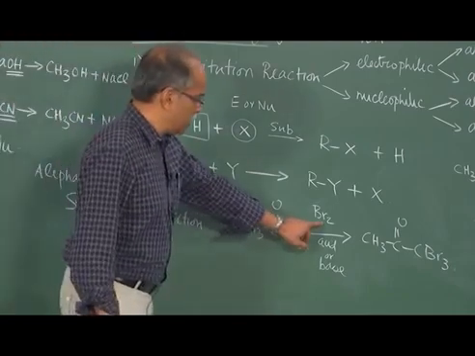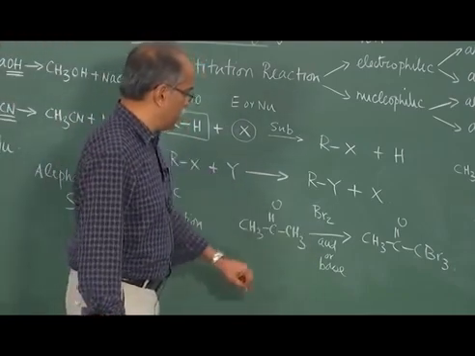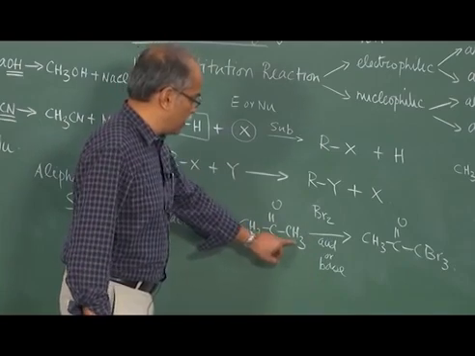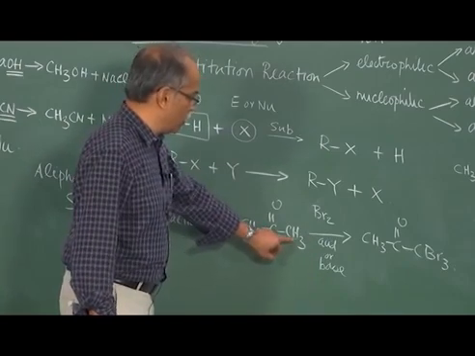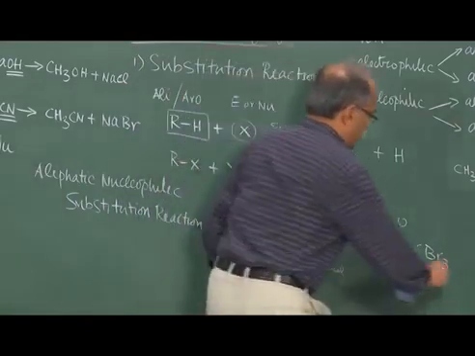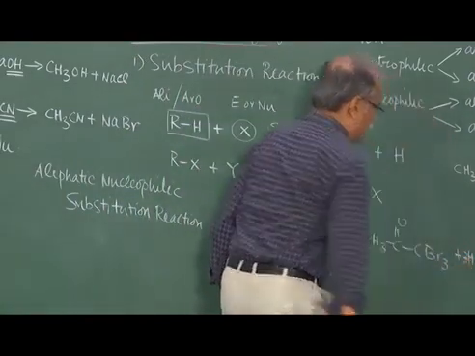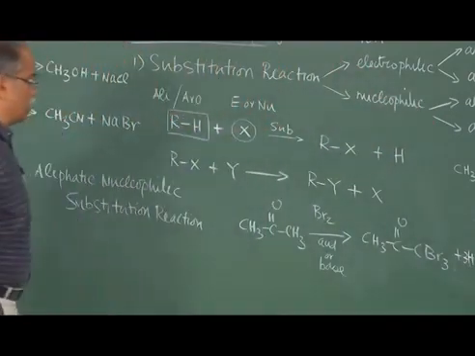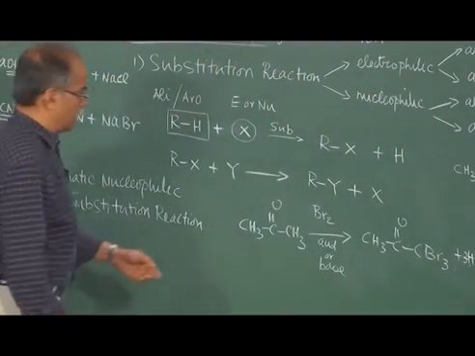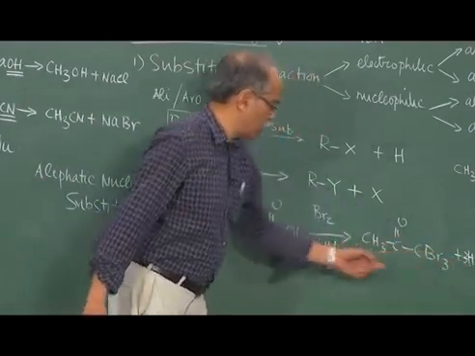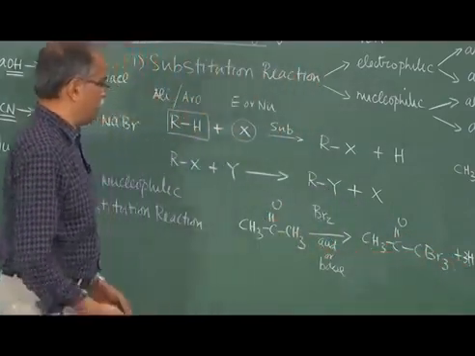The reagent is an electrophile here, bromine, and the hydrogen of the carbon-hydrogen bond is the leaving group here. So, in the process it produces HBr as the product. So, it is a sort of autocatalytic reaction, because the HBr that is produced will catalyze this reaction.